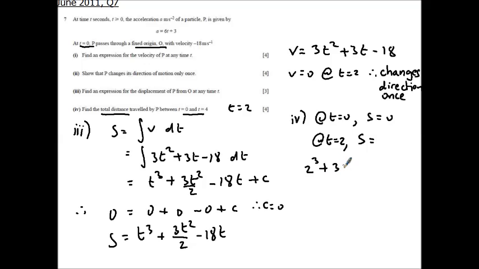Using the displacement formula, we'll get 2 cubed plus 3 lots of 2 squared over 2 minus 18 times 2, and we can calculate that value to be minus 22. Okay, now I need to deal with what happens at t equals 4.